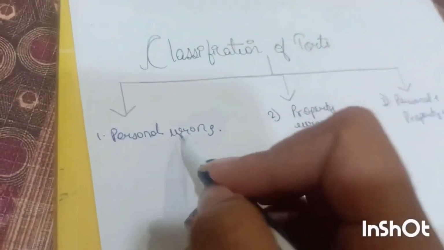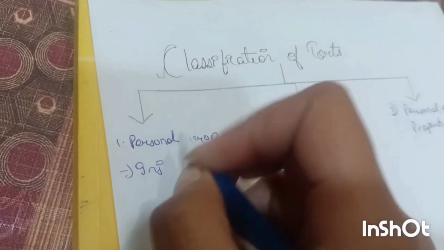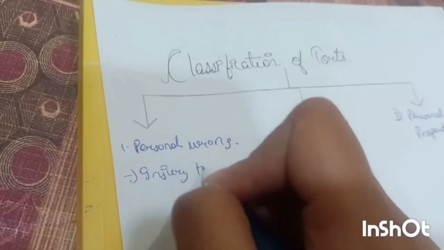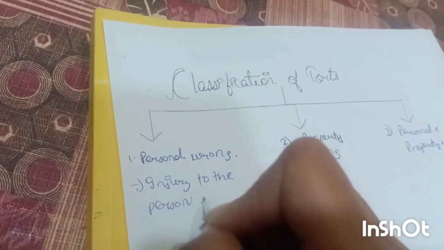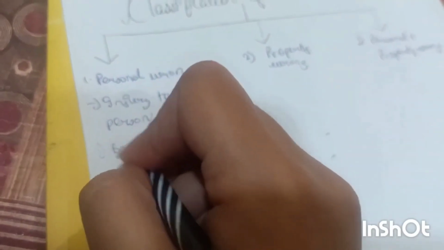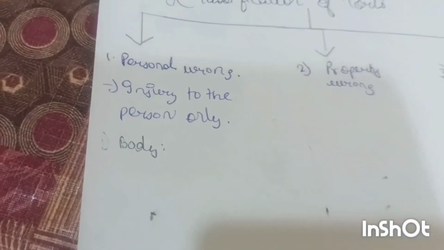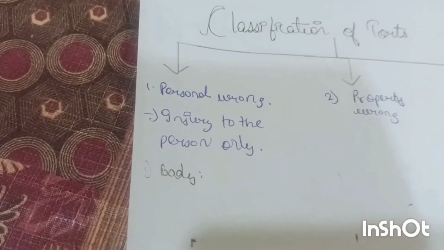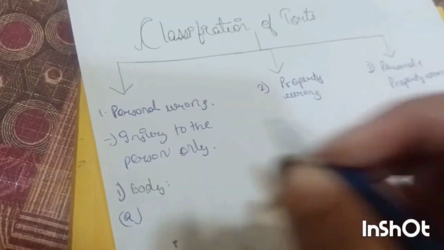Now let's see personal wrong. In this it is injury to the person only. First let's see for body. The first one is assault.